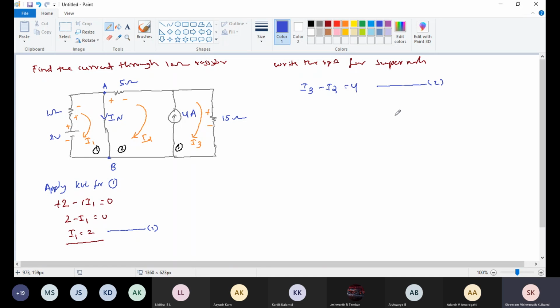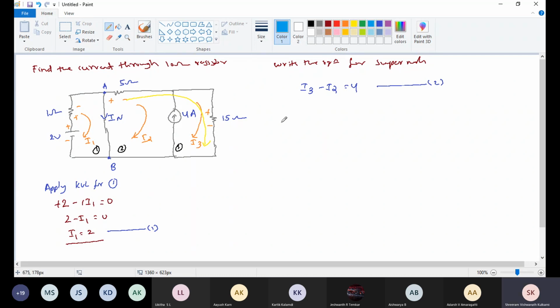Now applying KVL to the super mesh. This is a super mesh. It means we need to apply the KVL in the outer loop like this.